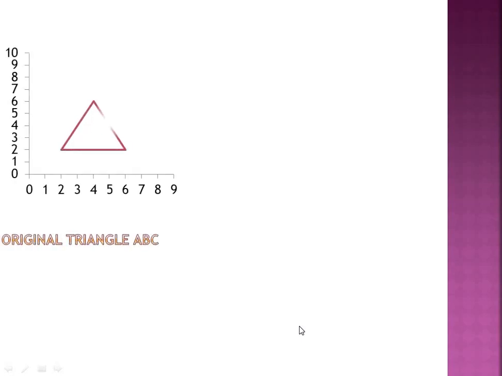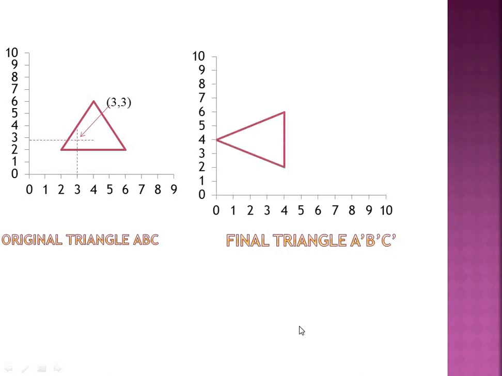If we put it in a graph, then it is like this. So this is the triangle ABC. This is the fixed point 3, 3. This is the original triangle ABC. After rotation by 90 degrees about the fixed point 3, 3, this is our final triangle ABC.